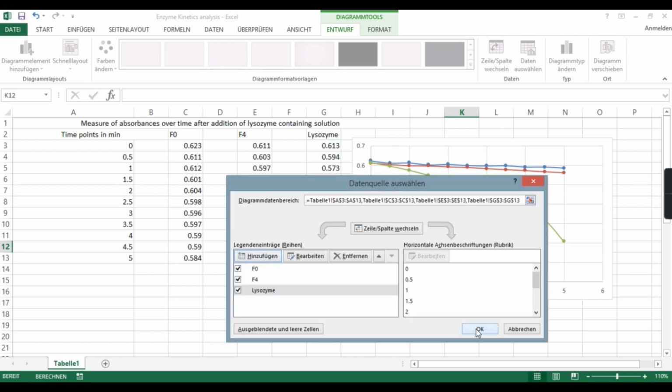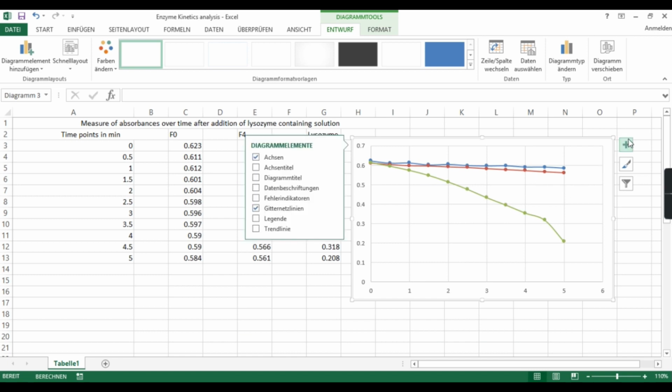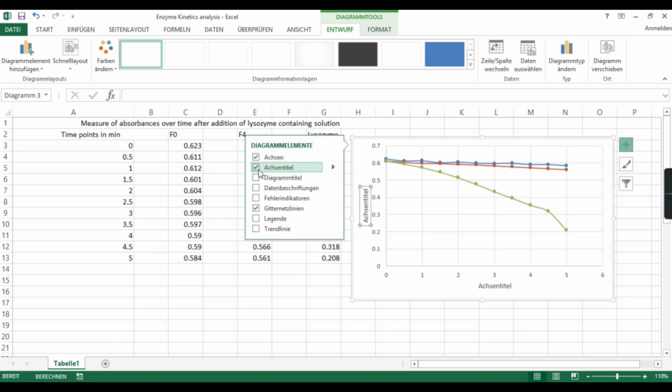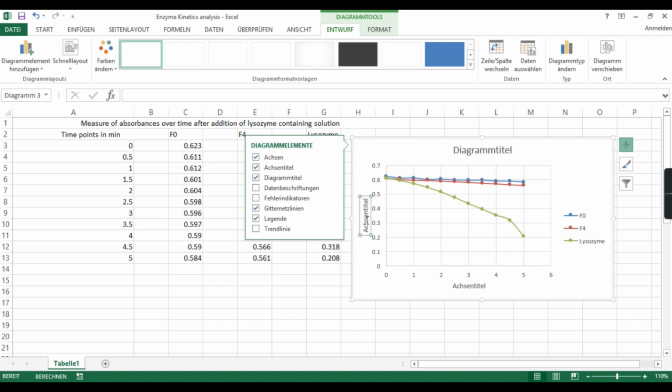Then you press OK, and you get this wonderful graph of absorbance versus time. With this plus, you can add a title or axis titles. This is what I did here, and also the legend. And then I named the axes and also the diagram.